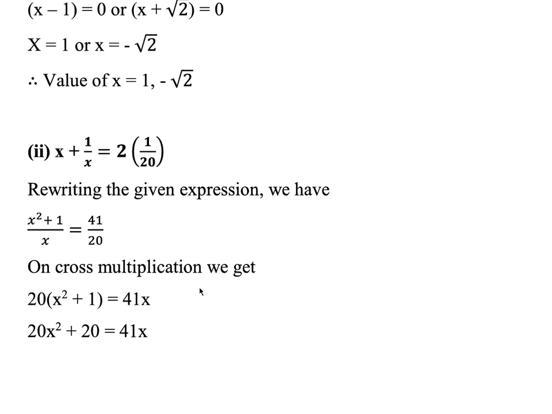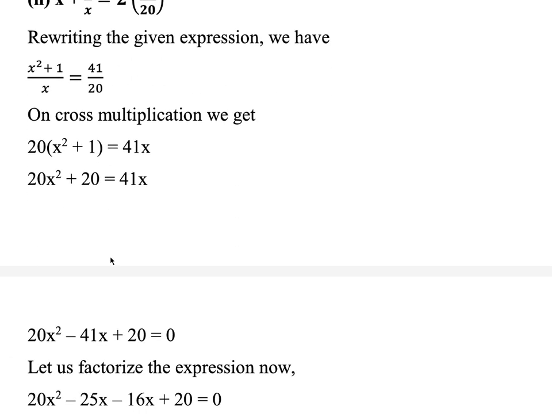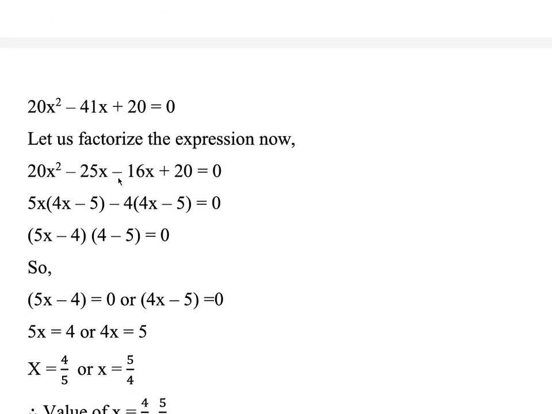Okay. Come to the next part, x plus 1 by x is equal to 2 whole 1 by 20. We can read 2 whole 1 by 20 also, no problem. So 20 into 2, 40 plus 1, 41 by 20. After that, as we know, the cross multiplication process, you will get 20x square minus 41x plus 20 is equal to 0.